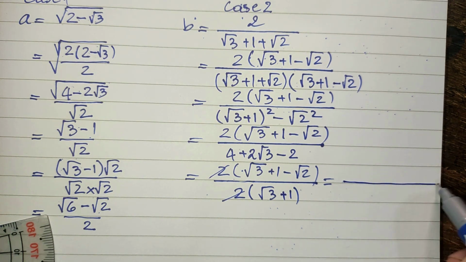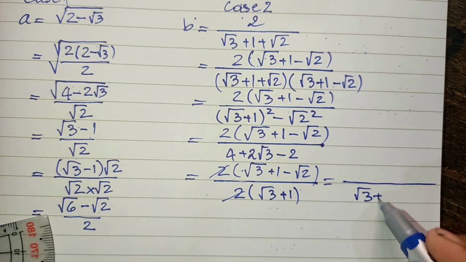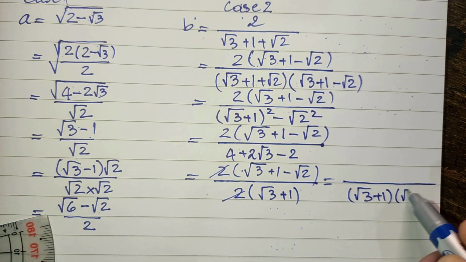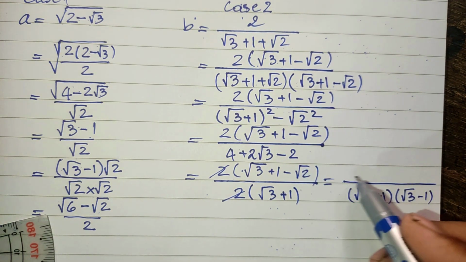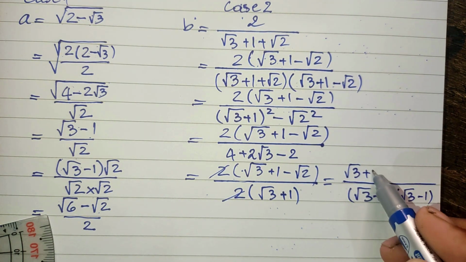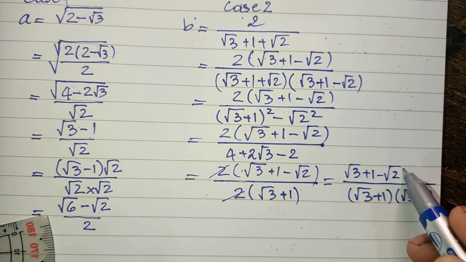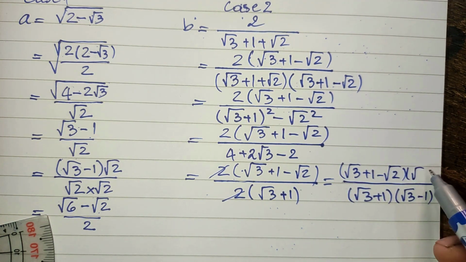We multiply (√3 + 1) also by (√3 − 1), and (√3 + 1 − √2) also by (√3 − 1).